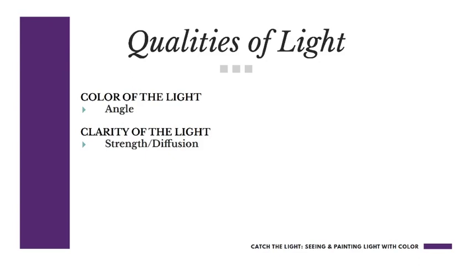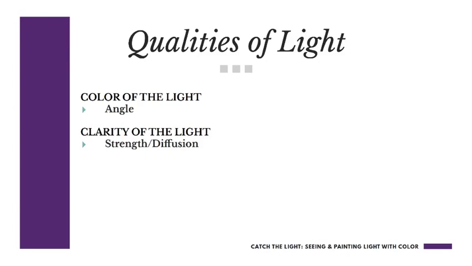As the sun moves away from the equator or away from the landscape, the horizon in the winter, then the light becomes much warmer because the sun is at a lower angle.